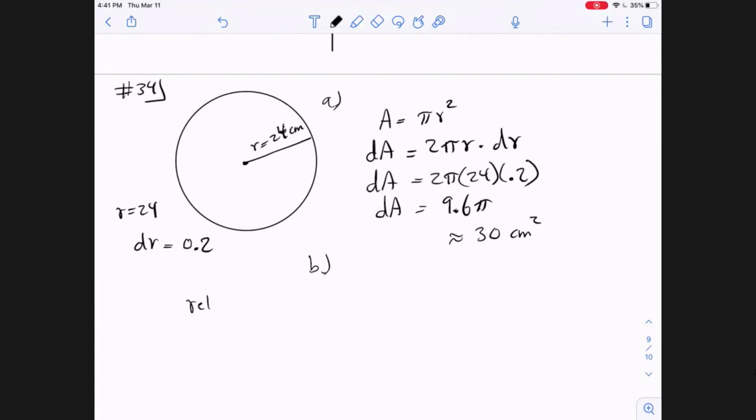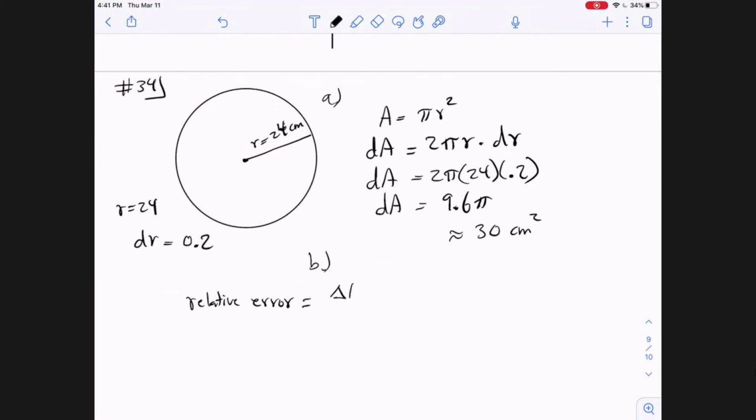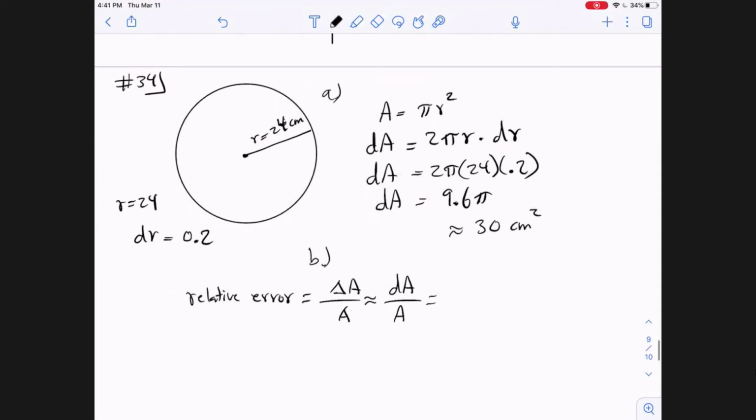Well, the relative error is delta A over A, which can be approximated as dA over A. What's dA? Well, that's actually 2 pi r dr. What's A? Pi r squared.